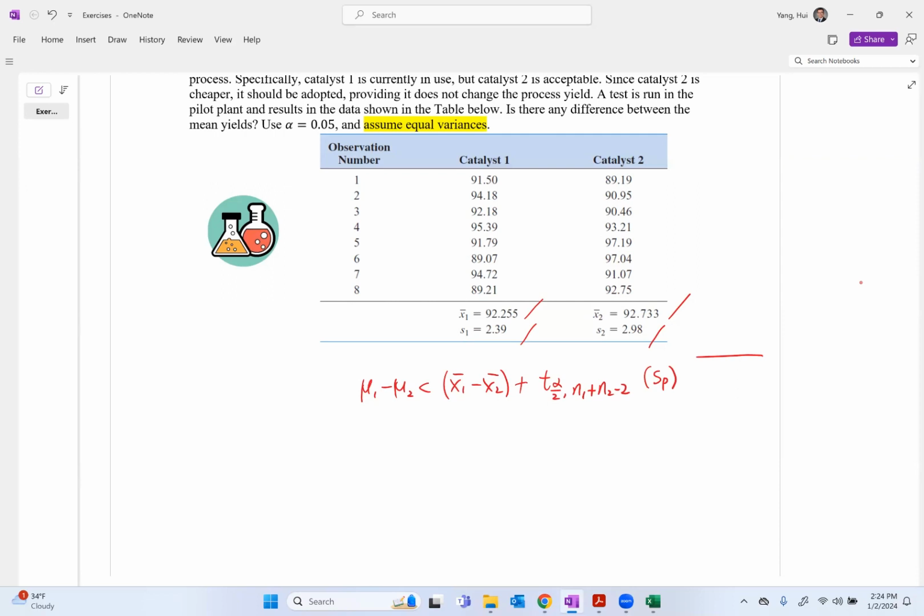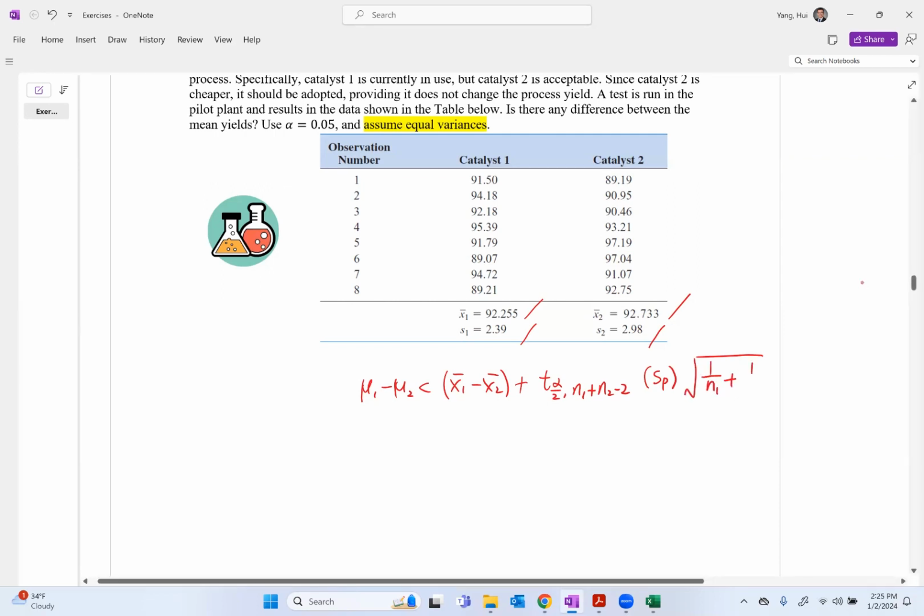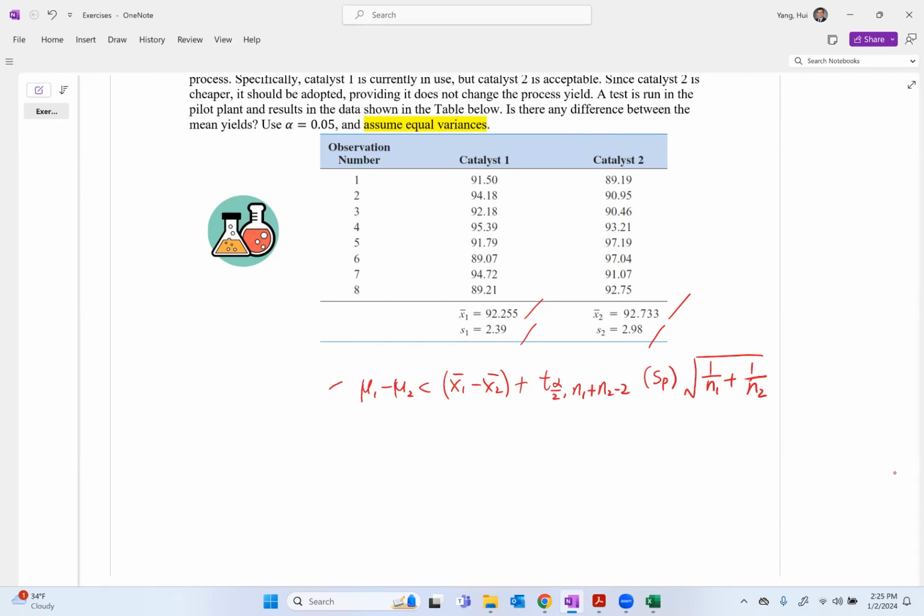Because we assume equal variance, this will be the square root of 1 over n1 plus 1 over n2, and n1 and n2 both equal 8. And it is greater than x1 bar minus x2 bar, and here we use minus t alpha over 2, n1 plus n2 minus 2.